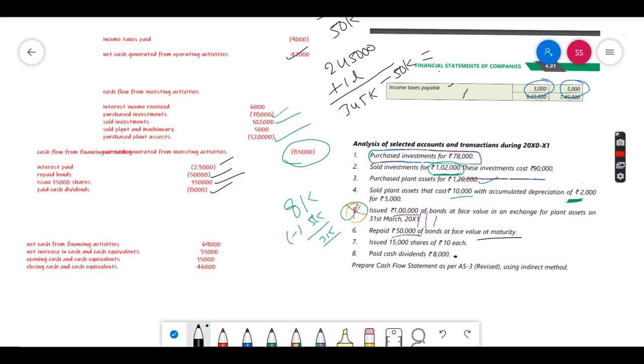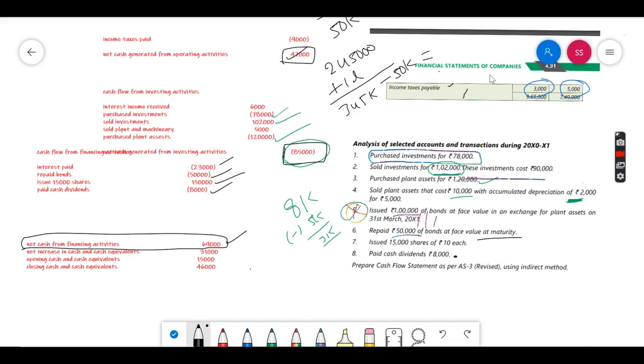So net cash from the financing activities will be 69,000, right? Operating activities is 47,000, investing activities is 85,000, and net cash flow from the financing activities is 69,000.